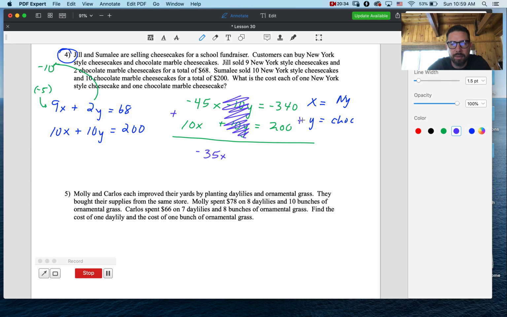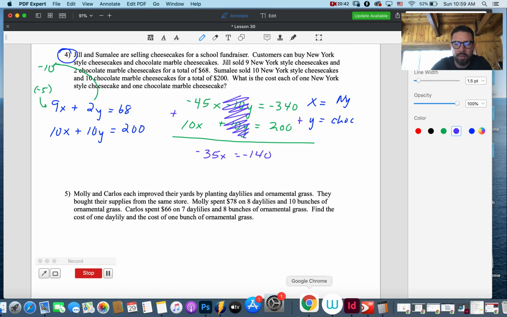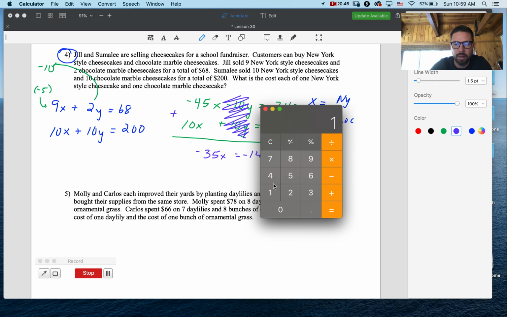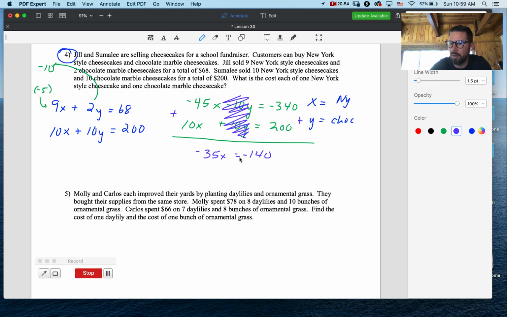And let's add straight up and down here. I think we get negative 140. Okay, I think that gives me positive 4, but I'm not sure. Negative 140 divided by negative 35. Positive 4. See, I'm double checking everything now. So x equals positive 4.